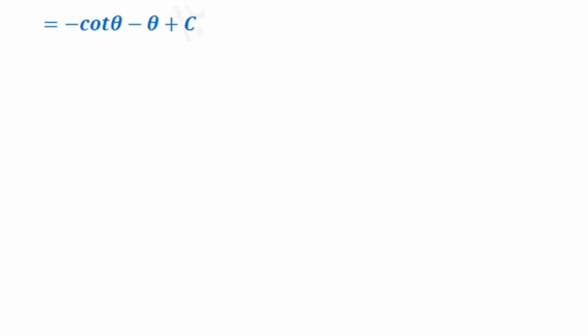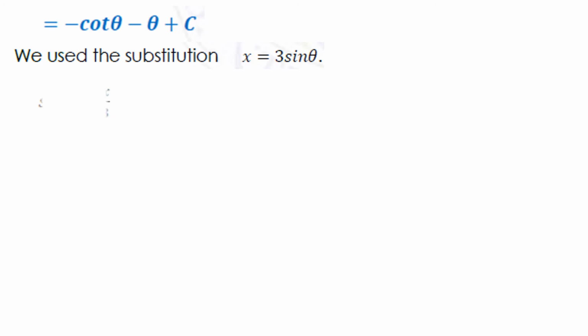So we have to construct a right triangle for our reference. Since we use the substitution x equals 3 sine theta, we could say that the sine of theta is equal to x over 3. Solving for the angle theta, this will be equivalent to the arcsine of x over 3.